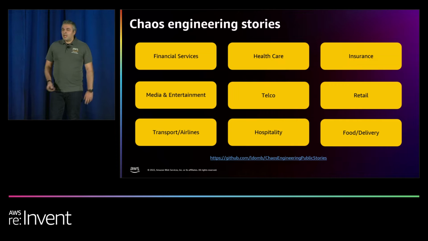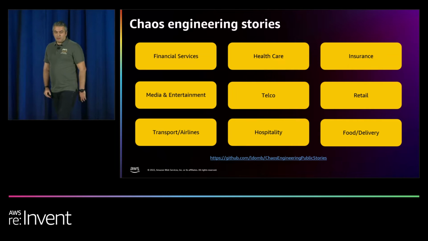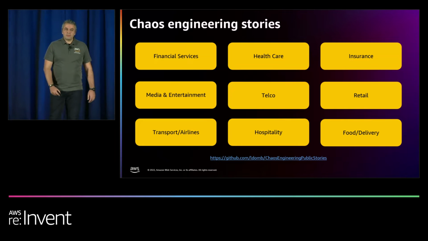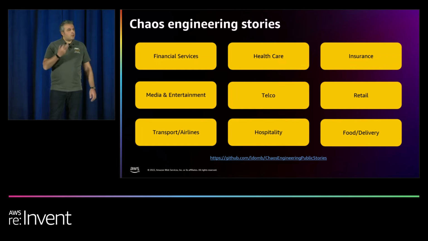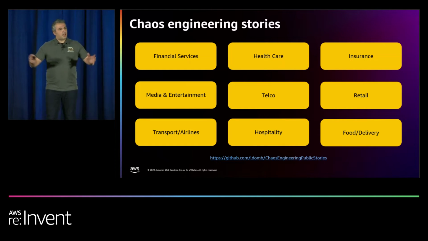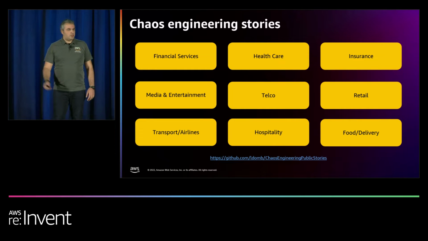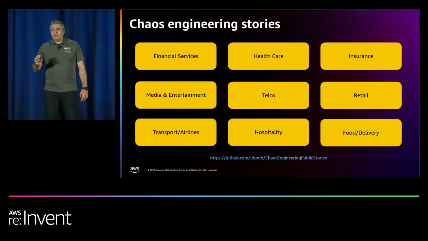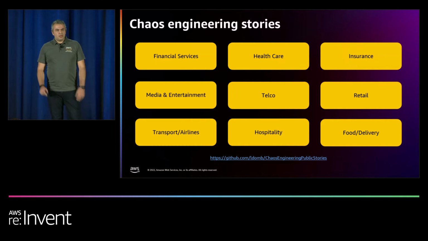Capital One wrote many great blog posts that you can find under the chaos engineering stories, the link that you have here, and have explained how they were thinking about building their chaos engineering story and processes, what they were looking at in regards to resilience and readiness of their applications.